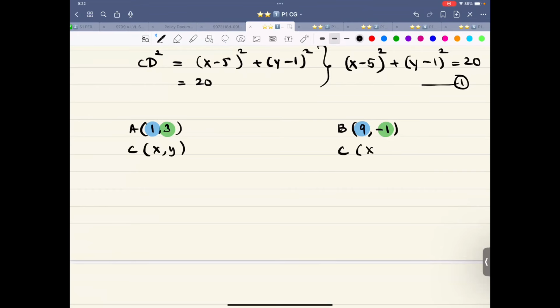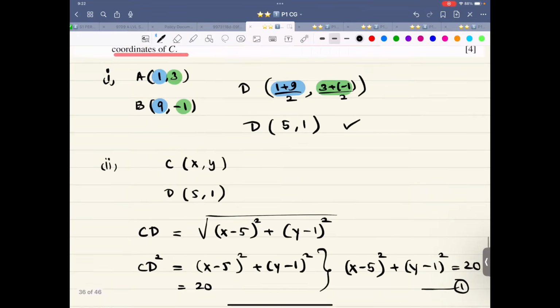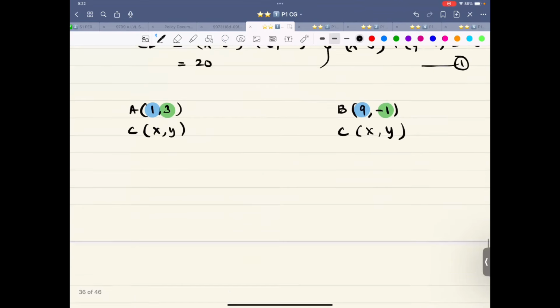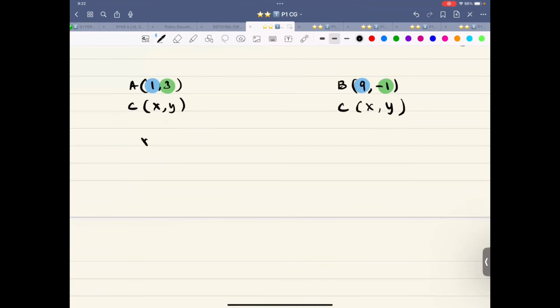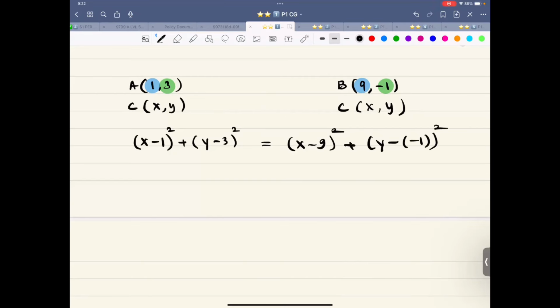They are equal in length. Therefore, square root of x minus 1 whole square plus y minus 3 whole square equals square root of x minus 9 whole square plus y minus 1 whole square. This is equation number 2. Square both sides, the square root disappears.